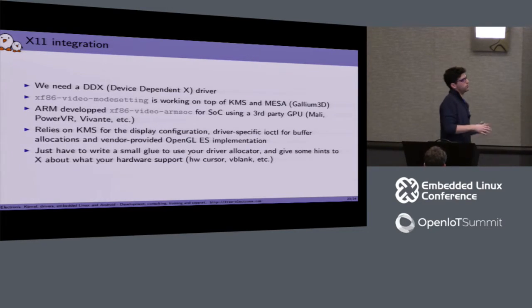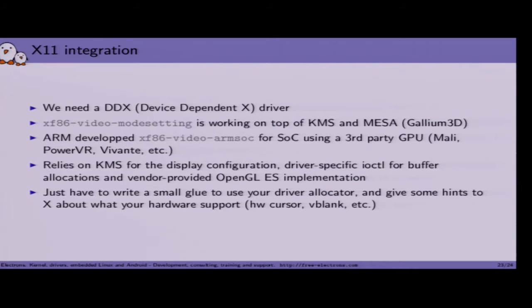There's a generic driver called modesetting, xf86-video-modesetting, that works on top of KMS, which is a generic API, so it works pretty much everywhere as long as you have a KMS driver. This works fine, except that it assumes it relies on Mesa for the rendering and OpenGL stack, which is not our case.